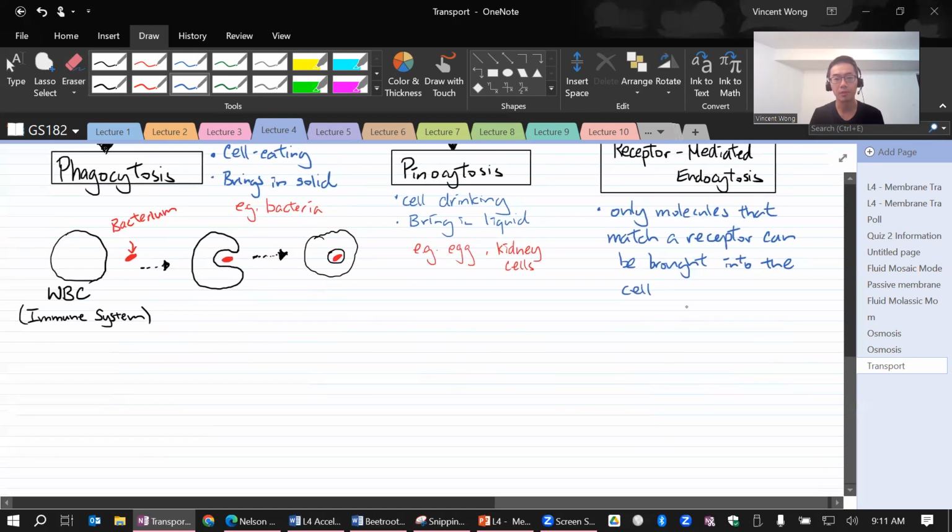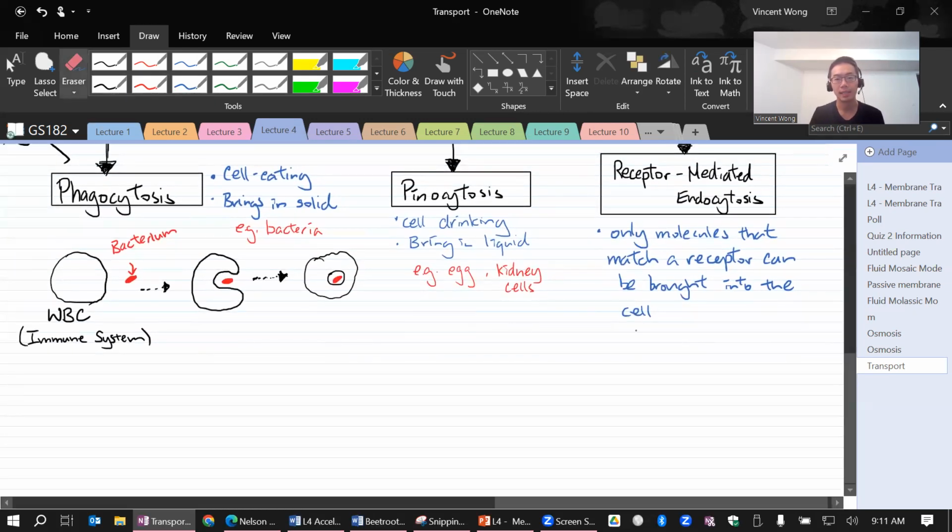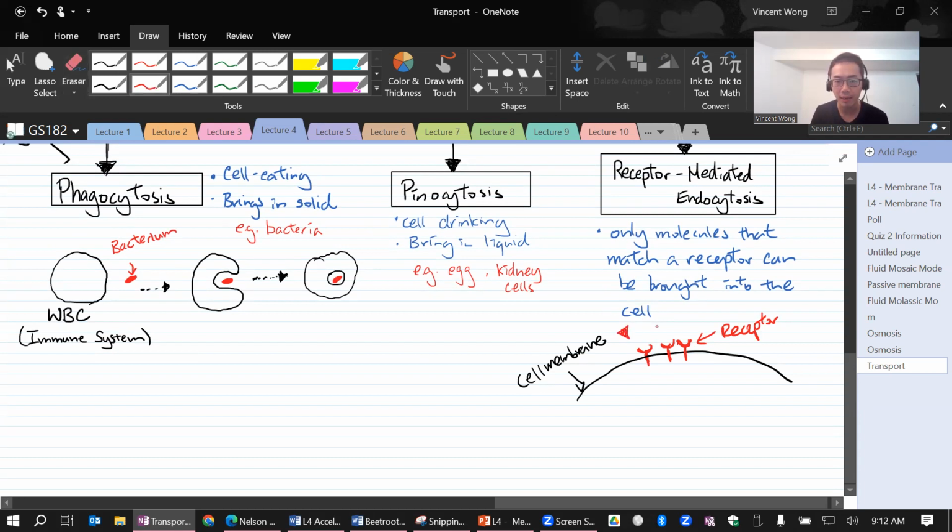Okay, so let me just draw it out to help you explain it. Okay, so look here, right? This is cell membrane. There are some receptors here. Okay. So, if I have two kinds of molecules, let's say we have the triangles here, and then we have the circles.